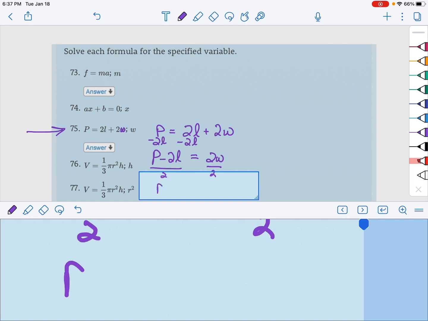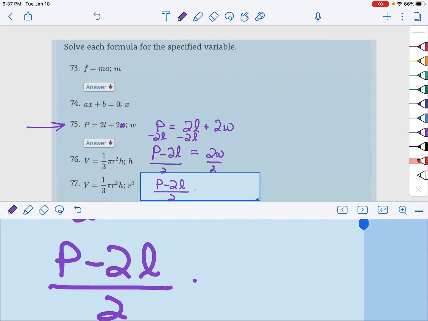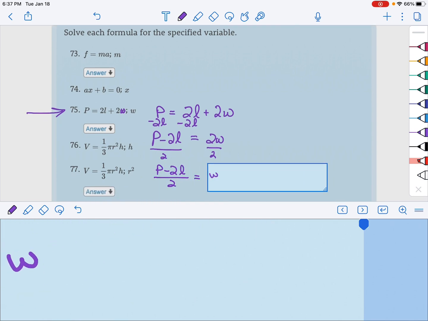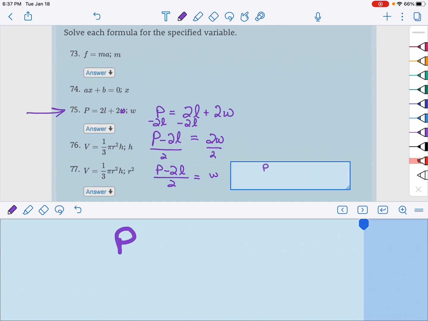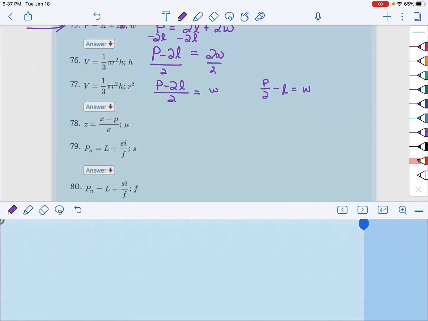So it would be P minus 2L over 2 equals the width. If you would like, you can always divide both terms by 2. So it's P divided by 2 minus 2L divided by 2, or just L. See, that's another way to write it. Either one is just fine.